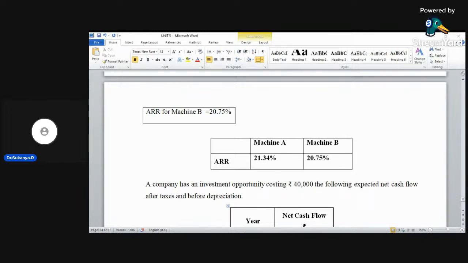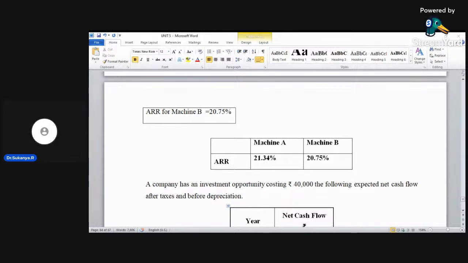Let me tell you once again that capital budgeting decisions are one of the important components from your exam point of view. You can expect almost 25 to 30 marks of questions from this chapter. You need to know that there are two techniques of capital budgeting: the traditional technique, and the modern or discounted cash flow technique.